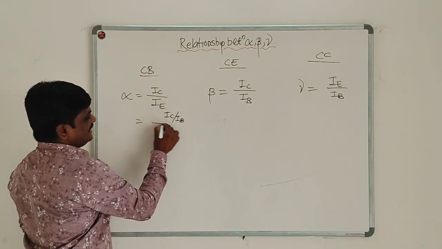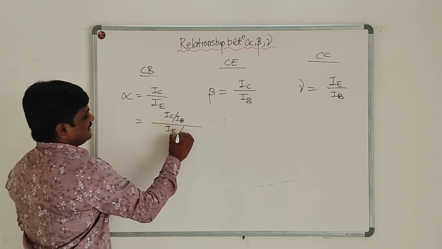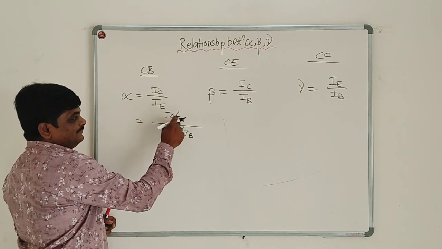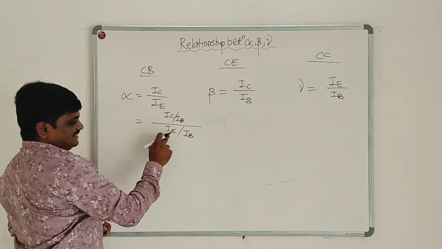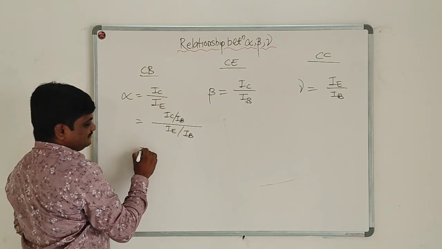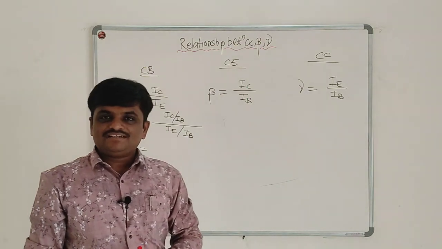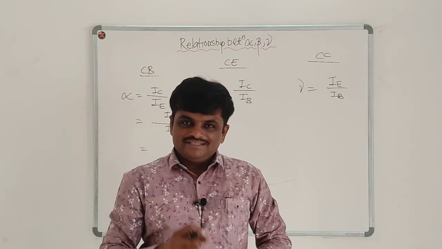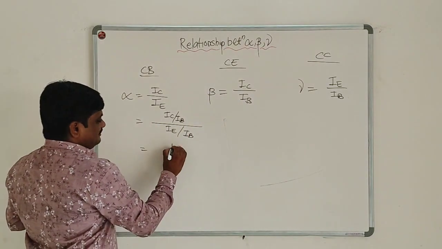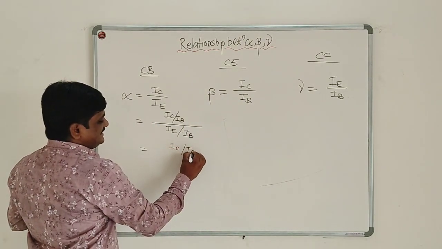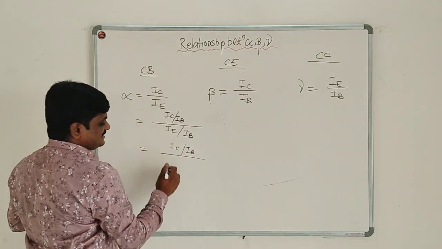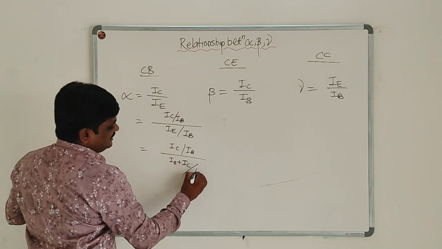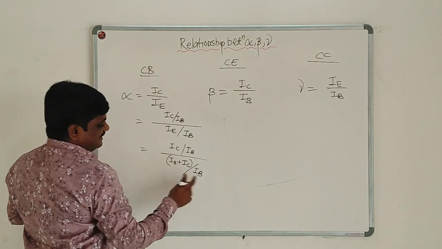We obtain IC divided by IB in the numerator. At the denominator, I know that the total emitter current in a BJT is always equal to the collector current plus base current. So at the denominator, instead of IE, I will write (IB plus IC) whole divided by IB.